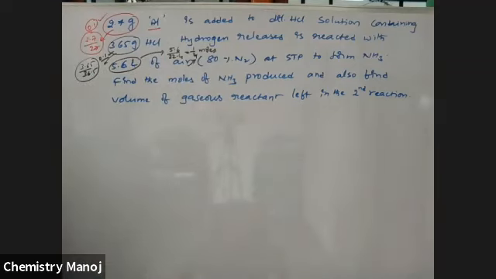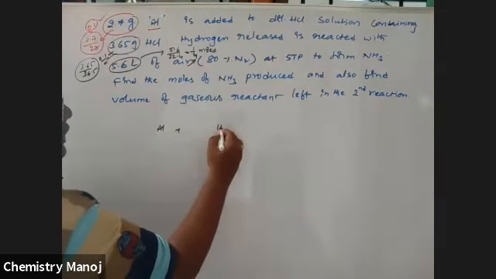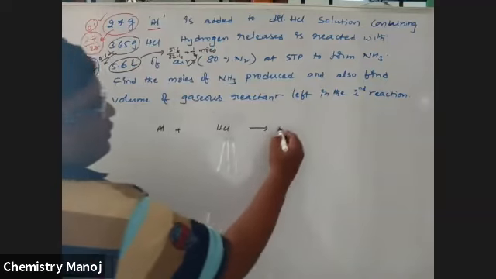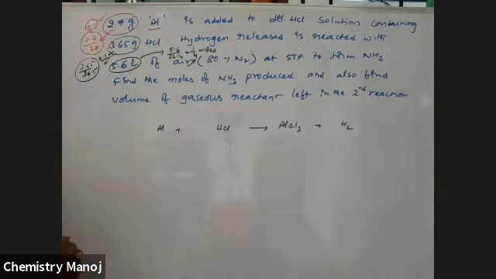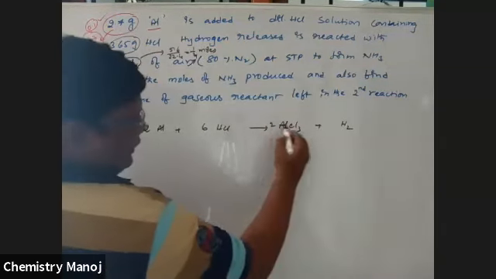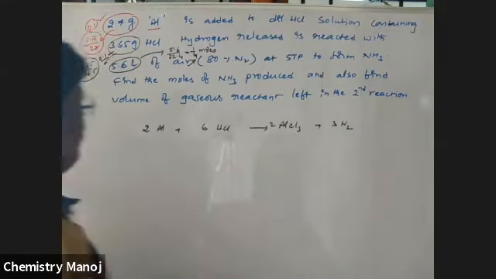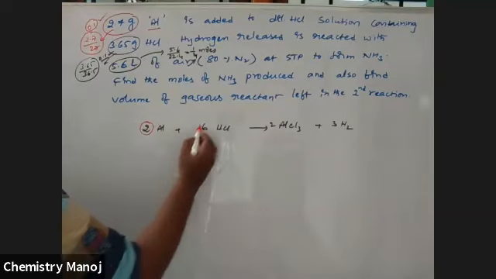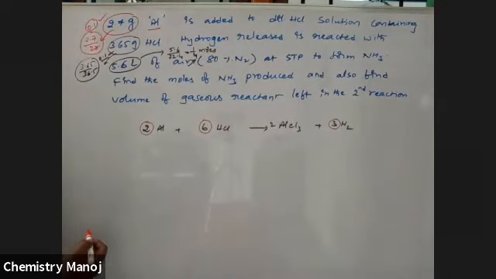Now, what is the reaction behind it? Aluminum reacts with dilute HCl, that gives AlCl3 plus H2. Balance the equation: 2 Al plus 6 HCl gives 2 AlCl3 plus 3 H2. So according to this balanced equation, 2 moles aluminum reacts with 6 moles HCl, that gives 3 moles H2.